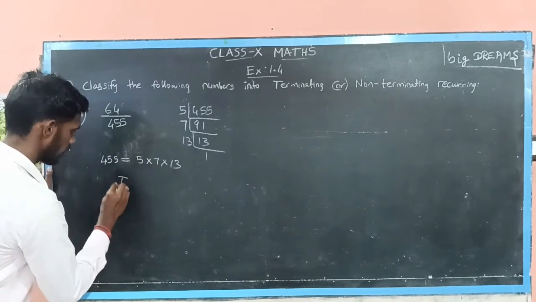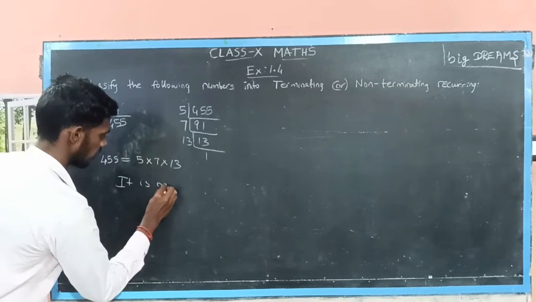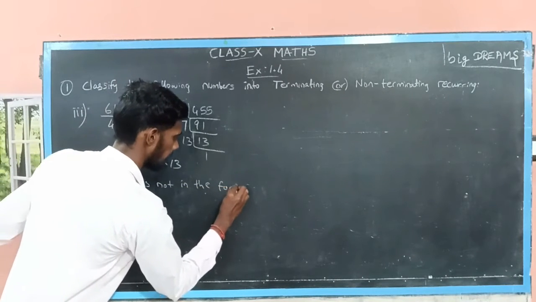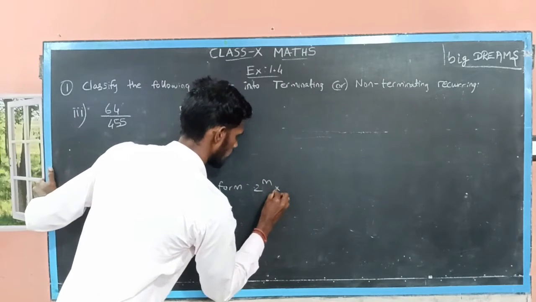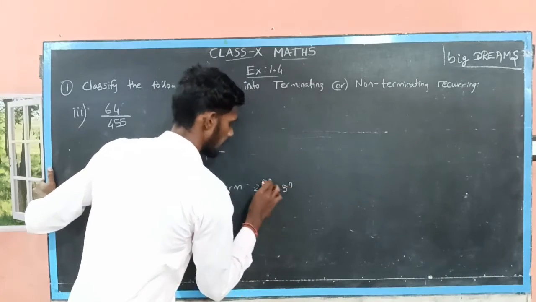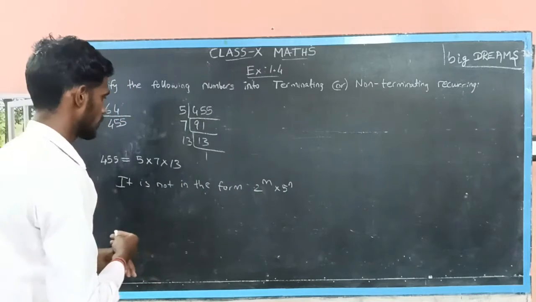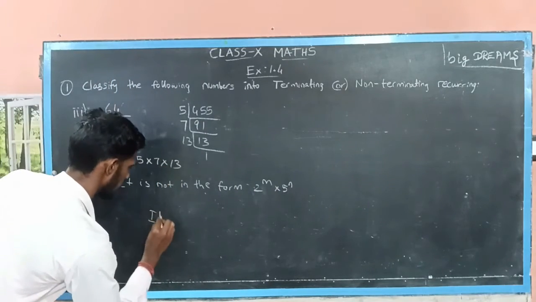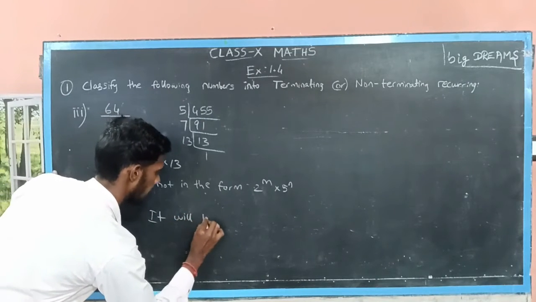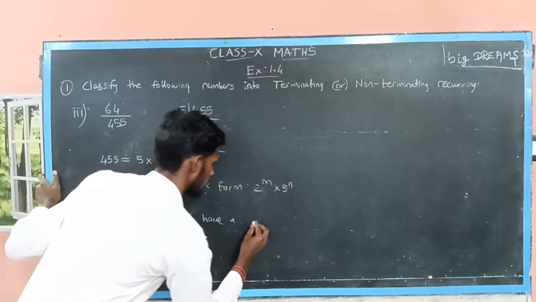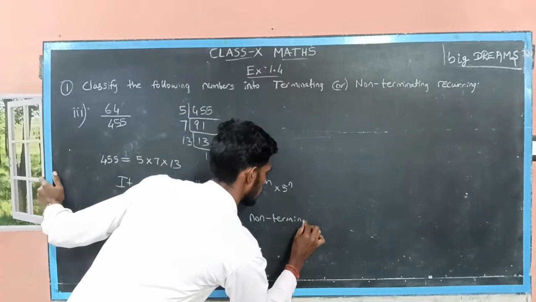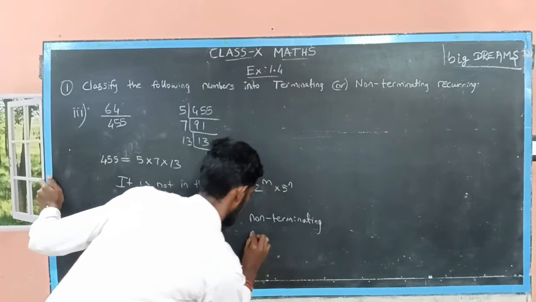So it is not in the form 2 power m into 5 power n, where m and n are non-negative integers. According to theorem 1.7, it will have a non-terminating recurring decimal.